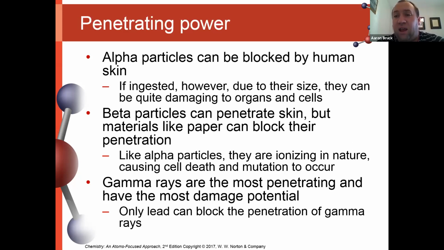Once they break through that external layer of skin and clothing, they can do some pretty significant damage to your internal organs. But like I said, you have to intentionally take a sample of it, which is unusual. Beta particles, on the other hand, are able to penetrate your skin. But materials like paper, aluminum, and small thicknesses of lead, obviously, can block their penetration.